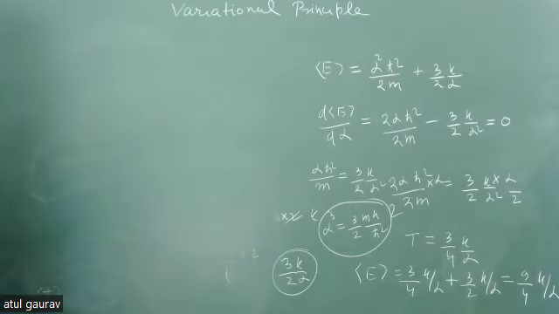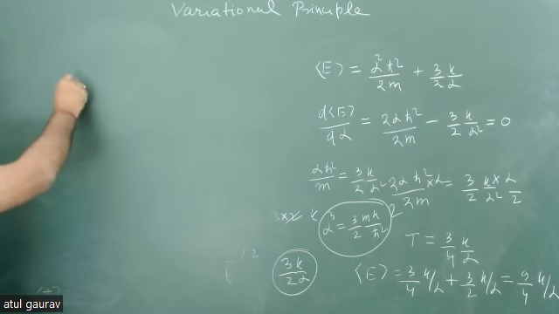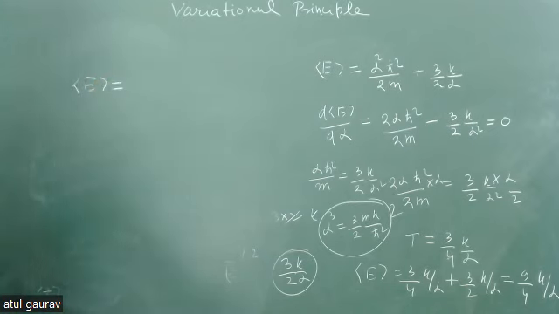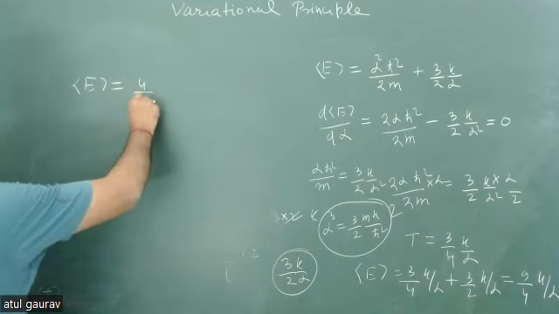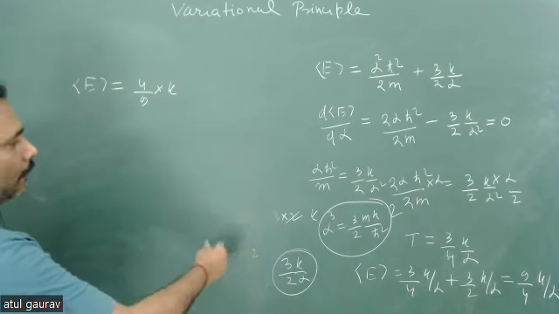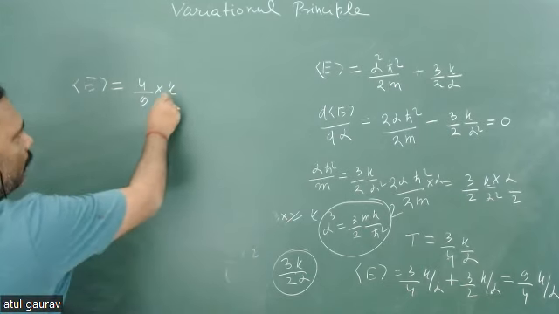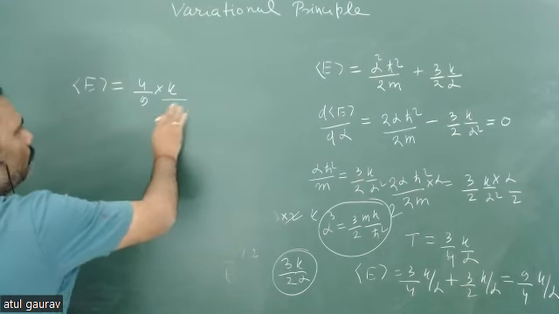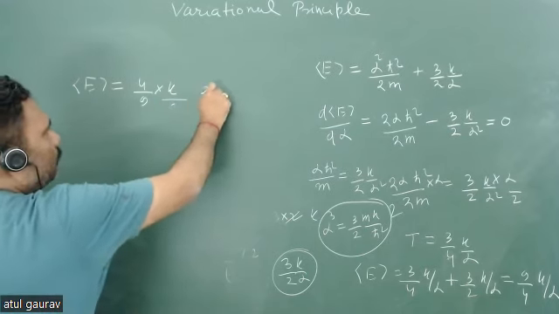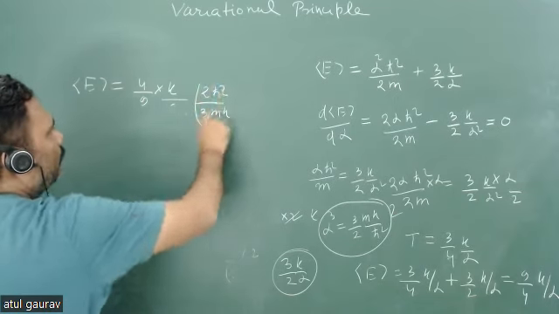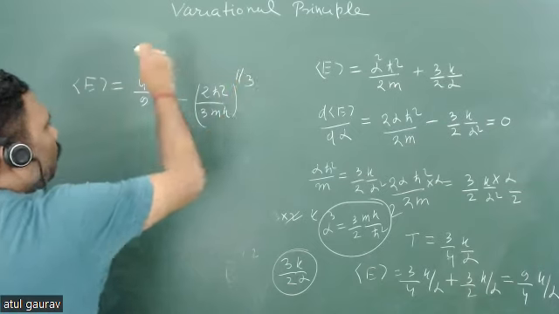See how long the calculation becomes, right? So the average value of energy is equal to 4 upon 9 into k and 1 upon alpha. We have the value of alpha equal to 2h cut square upon 3 mk to the power 1 by 3.